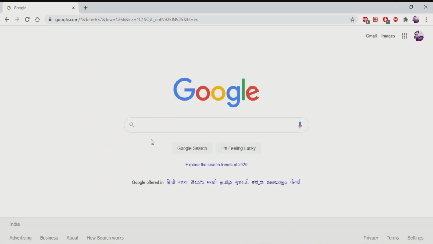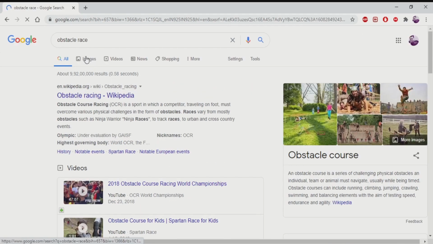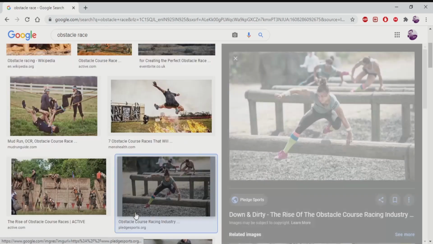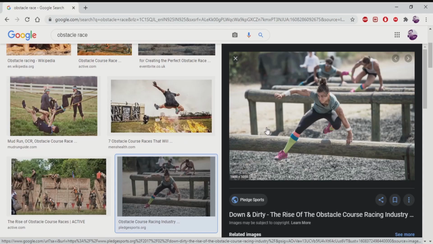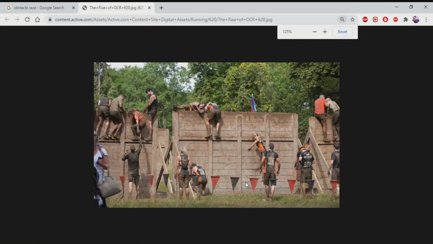Now let me use Google for you. I'll just give you an example of obstacle race. Okay, as you can see over here, we have various examples, but the best one with which I can explain to you is something like this. Let me open the image for you. Now you can see over here, people are climbing over here and going that side.